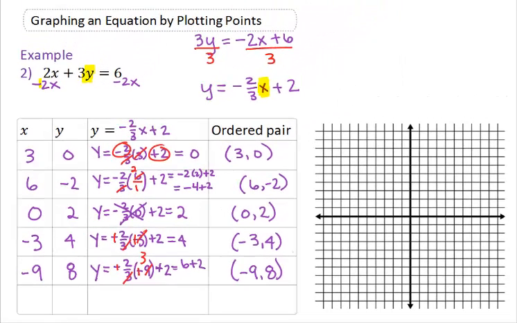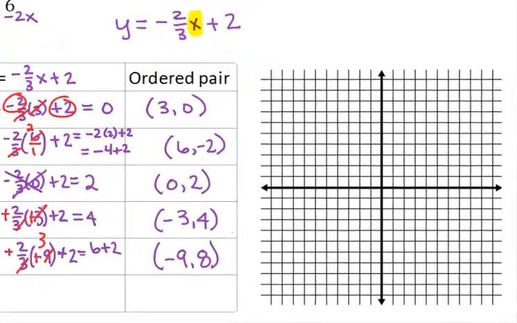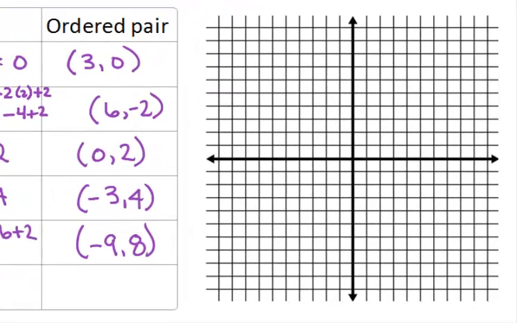I'm going to go ahead and plot these points and see if that's enough to give me the graph that goes with this equation. So first I have 3, 0, that's right 3 units. Then I have 6, negative 2, so right 6 units, down 2 units. 0, 2 is up 2 units on my y-axis, that's the y-intercept.